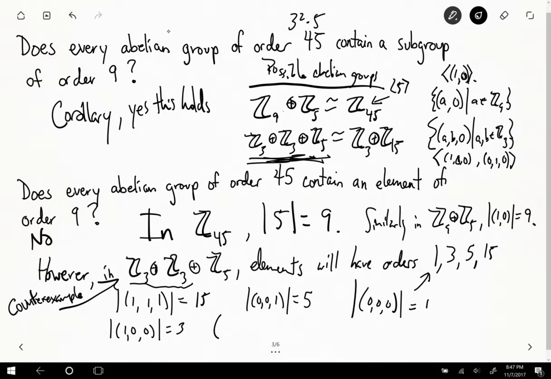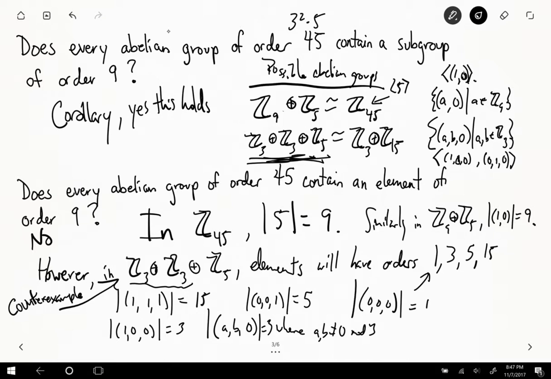And if you're looking, you have the order of any A, B, 0, where A and B are not the identity, say mod 3, then that has to have order 3. That's the big component that tells us that nothing else is going to work.